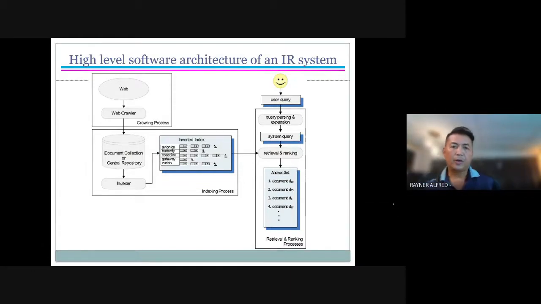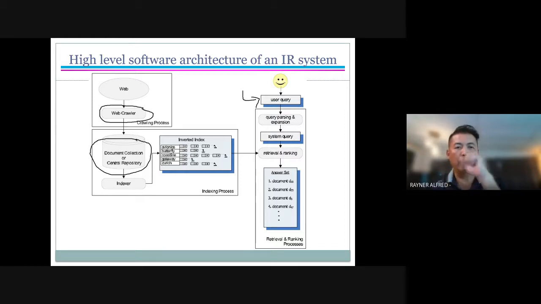Okay. So before we will be able to do some query, of course, you have a database that stores all the documents. But before you can have this database, you should have a crawler. A crawler is just a program that will crawl the web and then get all the documents stored here with the index. All the documents will be indexed here. So for example, this 1, 2, 3 document will be indexed using this term.